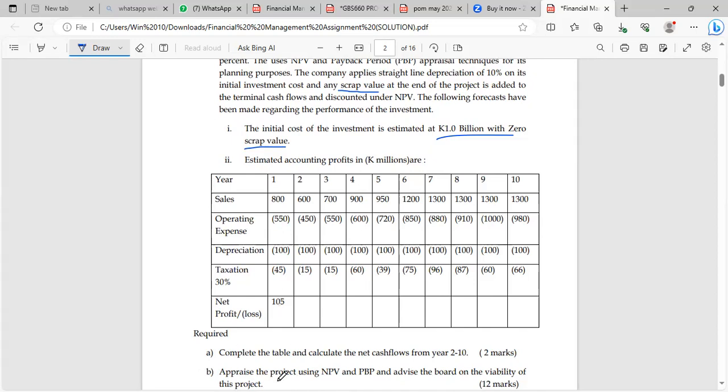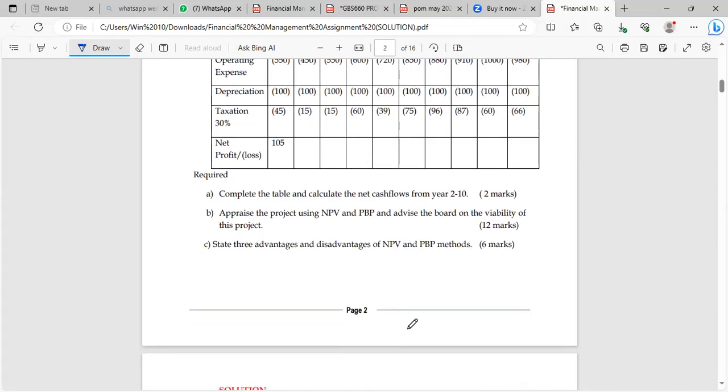The first question says, complete the table and calculate the net cash flows from 2010. And then the question says, appraise the project based on the NPV and payback period and advise the board on the viability of this project. Is it worthwhile to make an investment in this project?